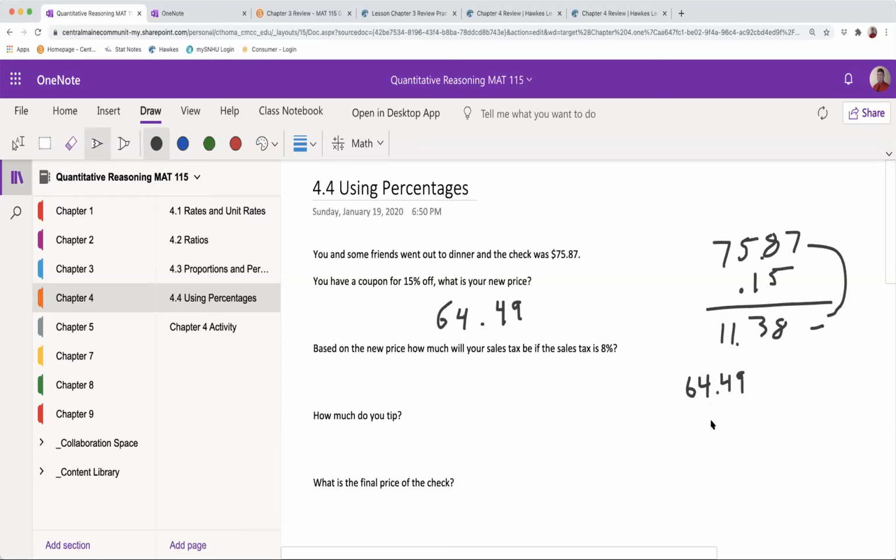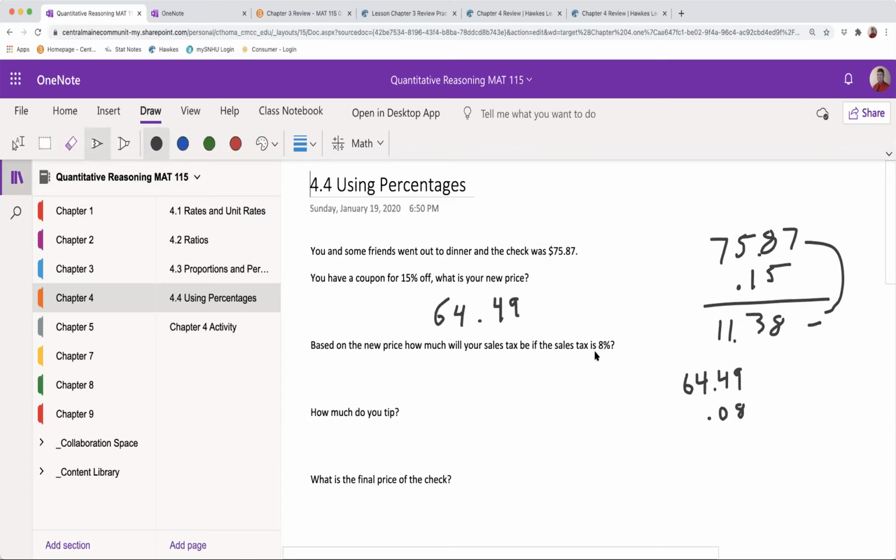I multiply that by the sales tax, so 0.08. Again, make sure you're comfortable moving the decimal around. If you're not, to get rid of the percent symbol, if I divide this by 100, it will put it into the proper decimal form that I need.